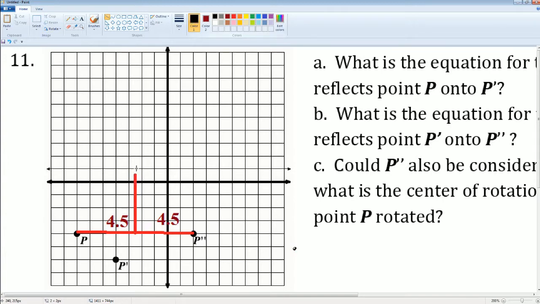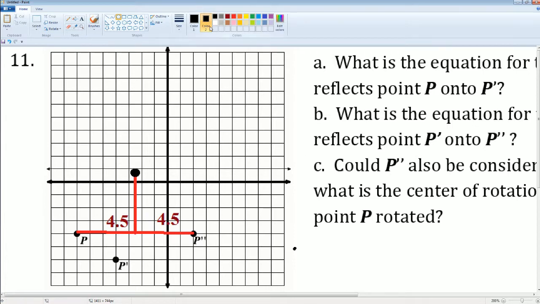Ah, it is possible. Look. Thinking about it, I thought it was impossible because this looks like a reflection. It really does, because when it's mirrored like this, it just looks like a reflection. This would be the vertical line that point P is reflected over to make point P double prime.